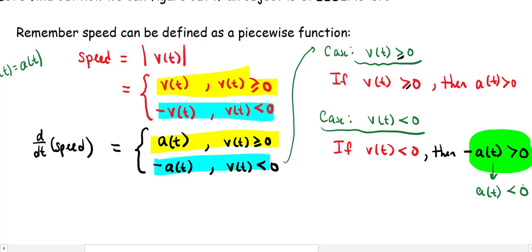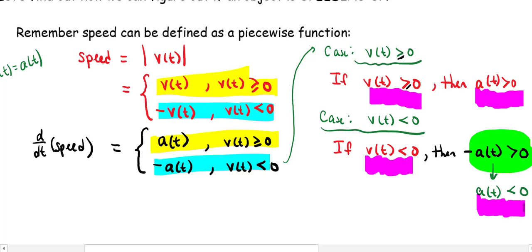Notice that the two requirements for speeding up are this. If the velocity is bigger than or equal to 0, then the acceleration also needs to be bigger than or equal to 0. Yet if the velocity is less than 0, then the acceleration also has to be less than 0.